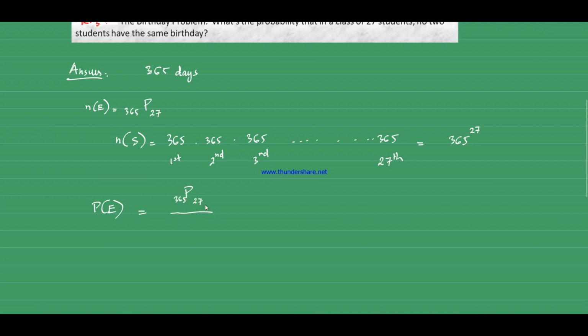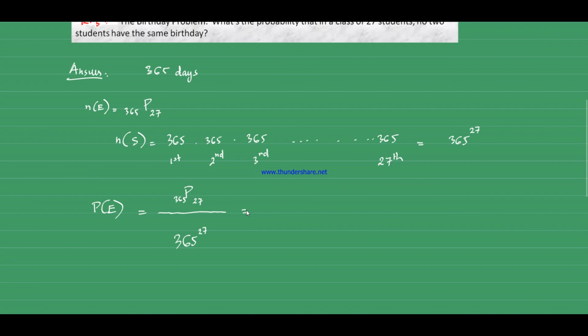Divide by the total of the birthdays 27 students might have, including the case when some of them have the same birthday. This is the sample space, so this over here is 365 raised to the 27.